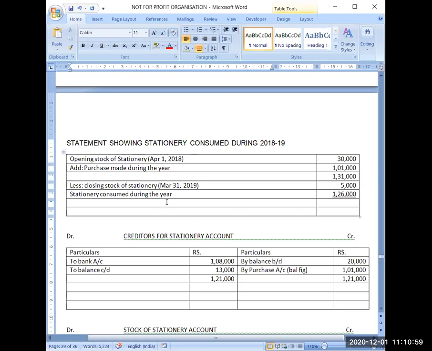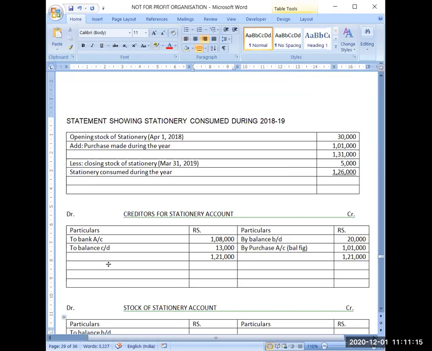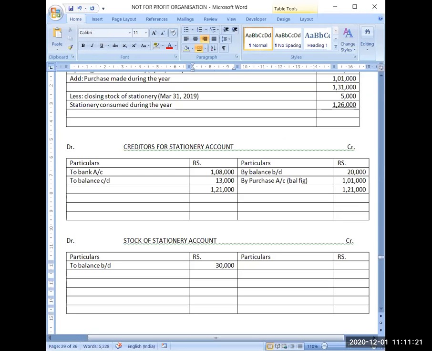Either we can show it in addition subtraction way, or we can prepare a stock of stationery account also if we wish to. Here we will write the opening balance, balance brought down. Opening stock of stationery is 30,000. Then closing stock of stationery is by balance carried down, because stationery is your asset, and that's why it has a debit balance.